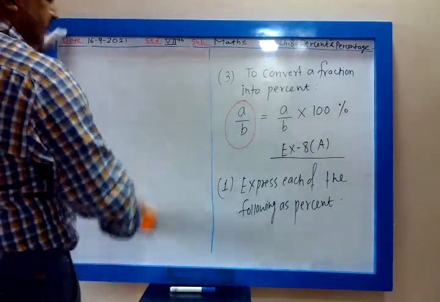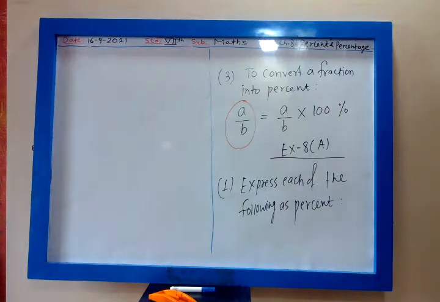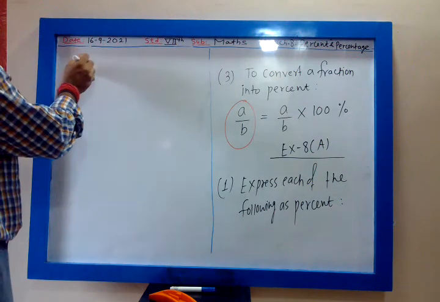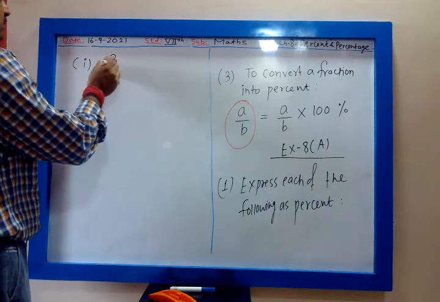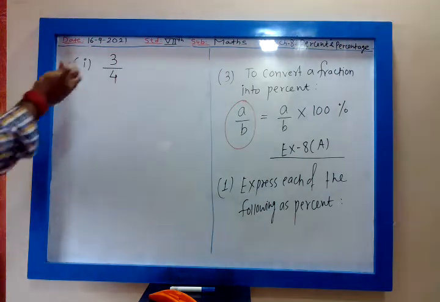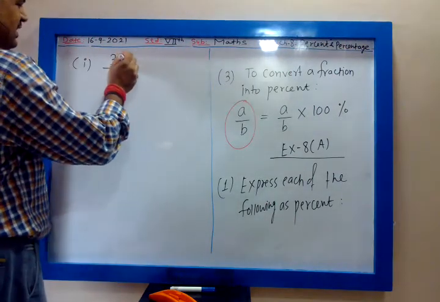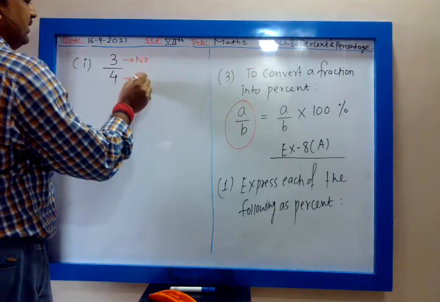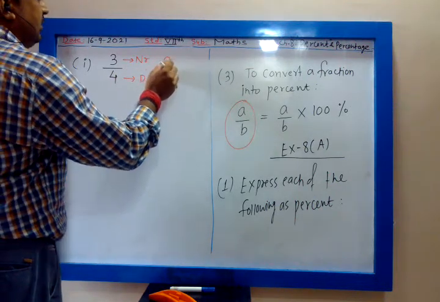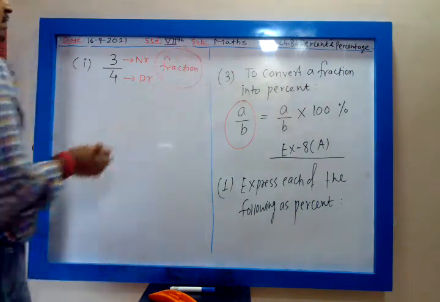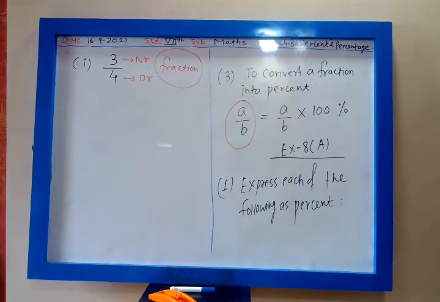Okay, so let us see. 3 by 4. Wait, let us see, my dear. What is 3 by 4? Tell me. 3 by 4 is a fraction. 3 is the numerator, 4 is the denominator. Numerator upon denominator, so 3 by 4 is a fraction. And whenever you want to convert a fraction into percent, multiply by 100.